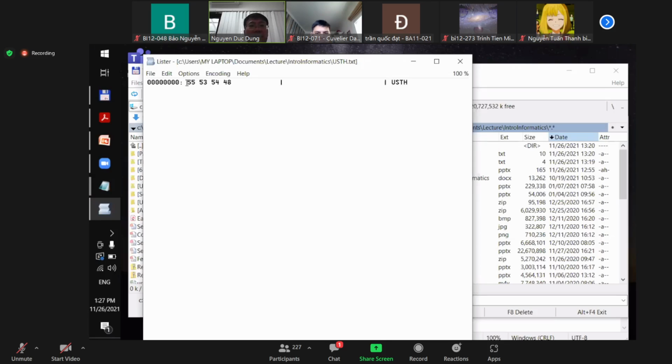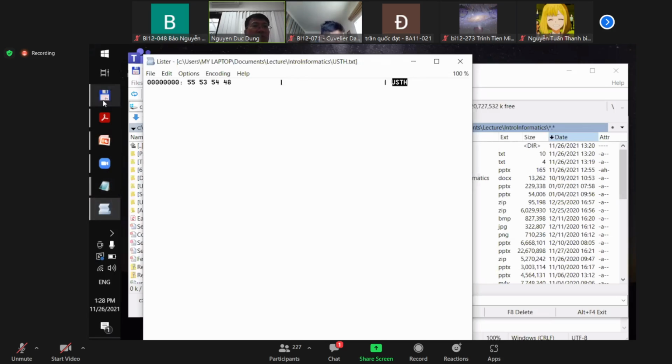The first character is 55, that's the code for the character U. The second value is 53, the code of the character S. The next is 54, and 48 is for the character T, and exactly 4 bytes for 4 characters.